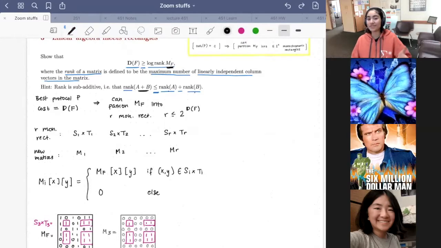And now we can just use our subadditive rank property by saying, well, if our original matrix is the sum of all these little mini matrices we made, and there's R of these, that means the rank of our matrix is going to be less than or equal to the sum of the ranks of all of these matrices.